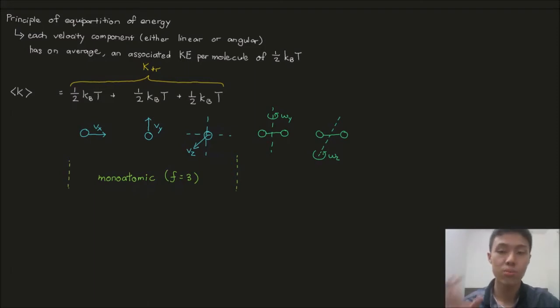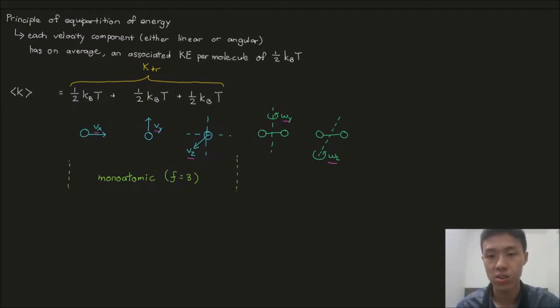So as usual, because you have new velocity components, now your velocity components here are omega y and omega z. Previously it was vx, vy and vz. Because you have two additional velocity components, these contribute another 2 units of half kBT.